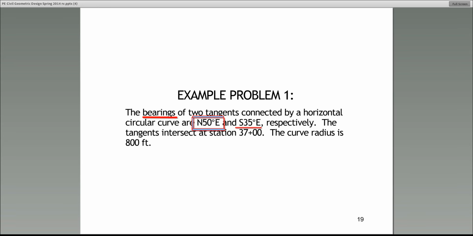So you need to know what that means and how to create it. But here we've combined the concept of bearing and horizontal circles. So in this case, the curve radius is 800 feet. Also make a note of that.